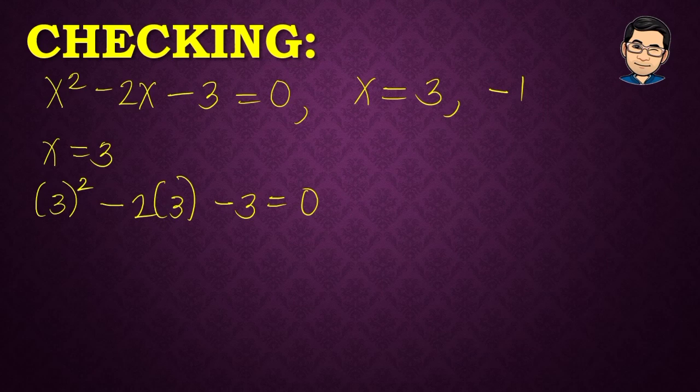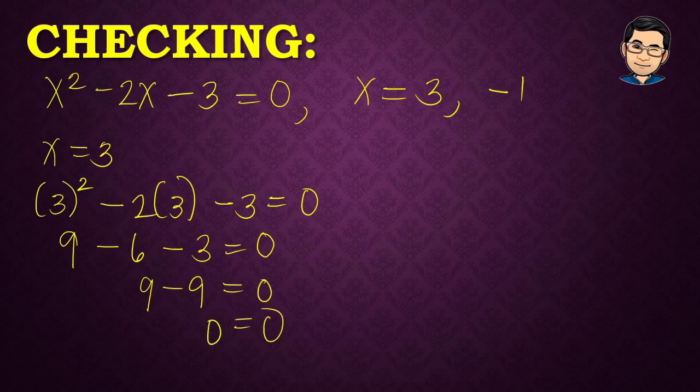So, 3 squared, that is 9. Negative 2 times 3, negative 6, minus 3 equals 0. So, 9 minus 6 is 3, minus 3, 0. So, 9 minus 9 equals 0. 0 equals 0. Combining negative 6 and negative 3, that is negative 9.